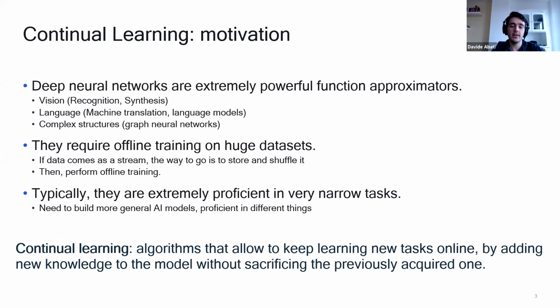And by online, I mean that if your training data comes as a continuous stream, the way to go is to collect data from the stream, store it somewhere, and then train the model offline, by randomly sampling data from that gigantic pool of data. This is referred to as offline training. So you cannot usually just take data from the stream and train on it.